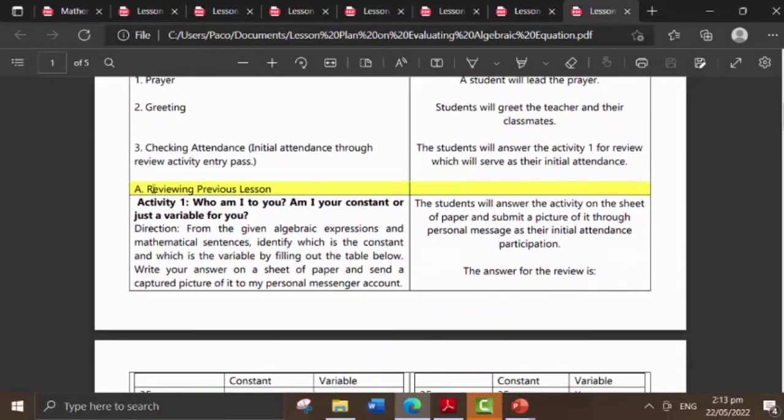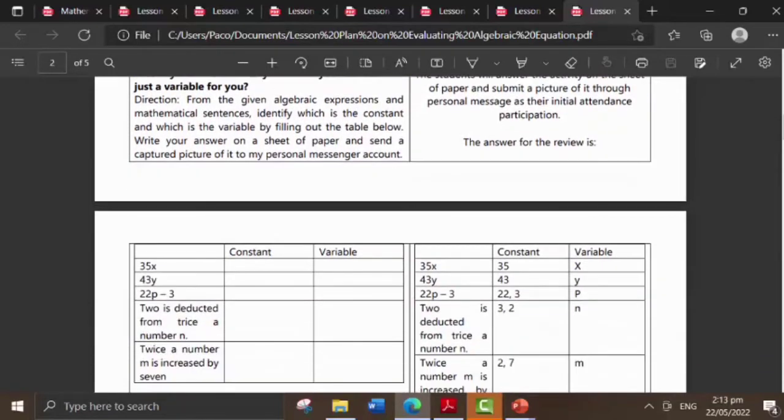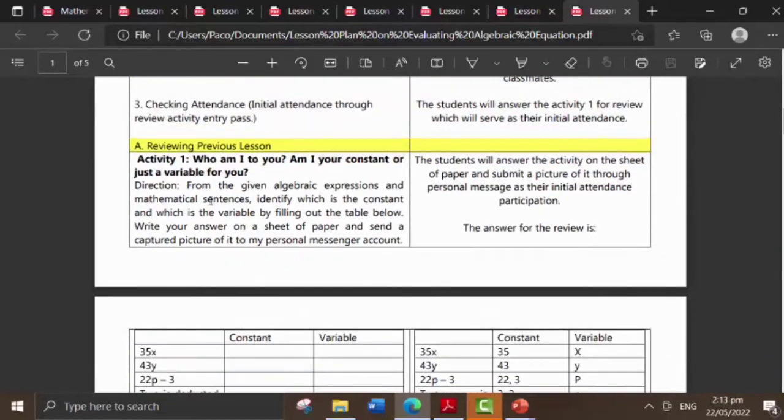Moving on, we have reviewing the previous lesson. Here you can even put some questions like, what have we discussed in our previous lesson? What have you learned in our previous lesson? Or you can post an activity like what I prepared: who am I to you? Am I your constant or just a variable for you?